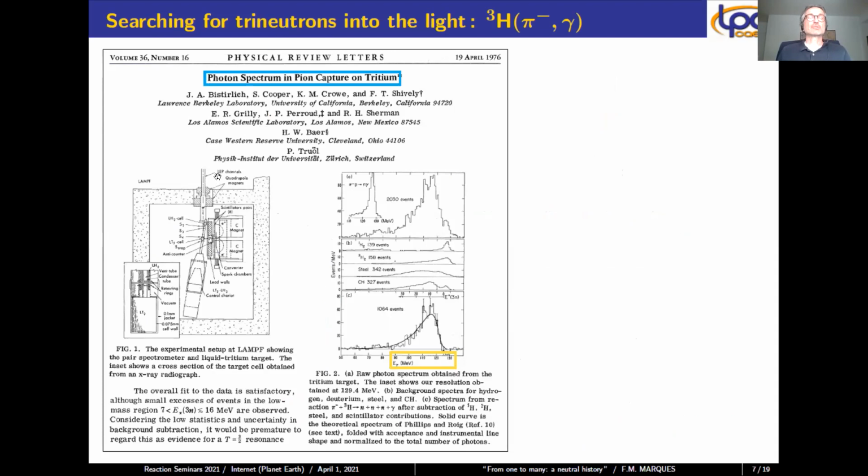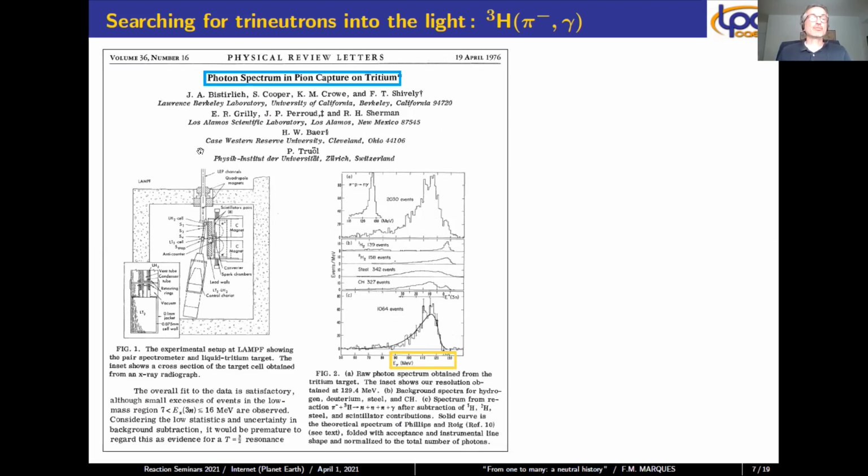So pi minus triton goes into gamma and 3 neutrons. And then here you don't need to measure a pi plus, you have to measure a gamma ray. But because of the pion mass, the gamma ray is very energetic. It's about 120 MeV. So you only need to measure one gamma ray, but you need a detector able to measure 120 MeV gammas. And this is the setup.